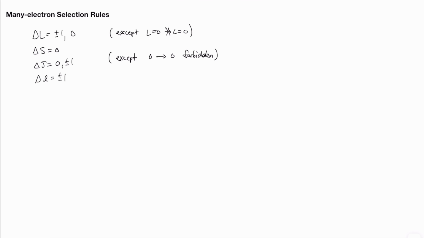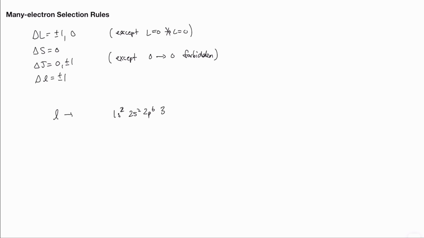So the place where this comes up most is if you have a really simple configuration, like let's say something like sodium, where you have 1s2, 2s2, 2p6, right? So a relatively simple closed configuration.